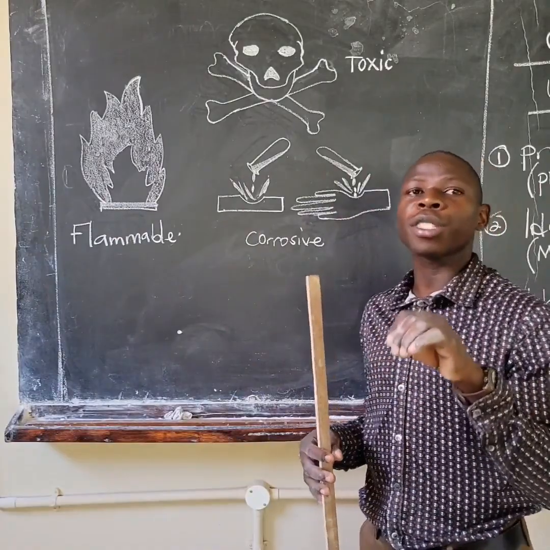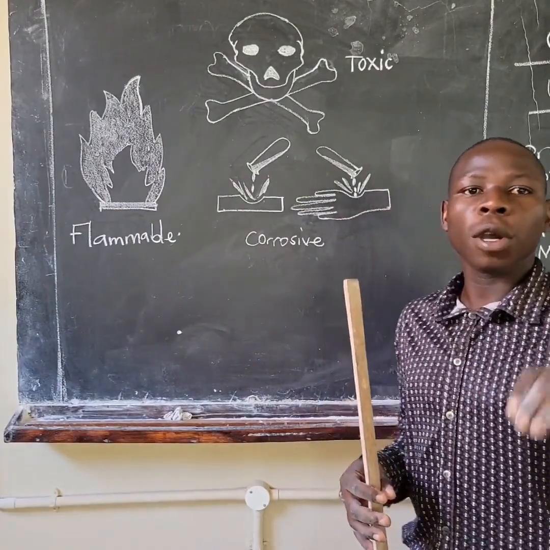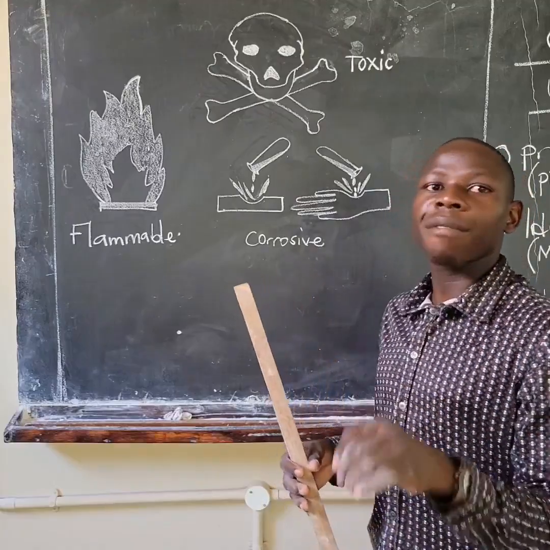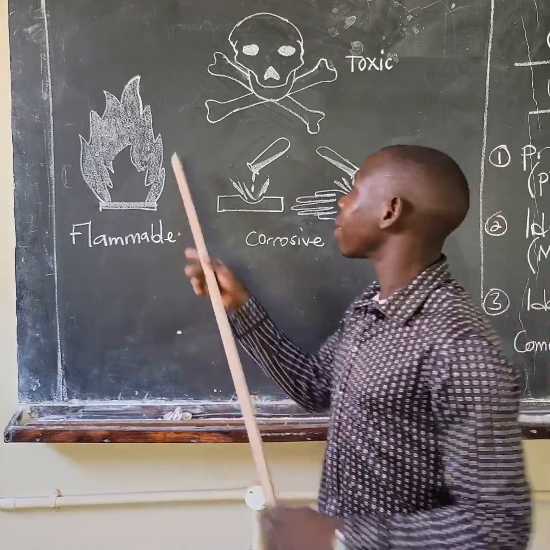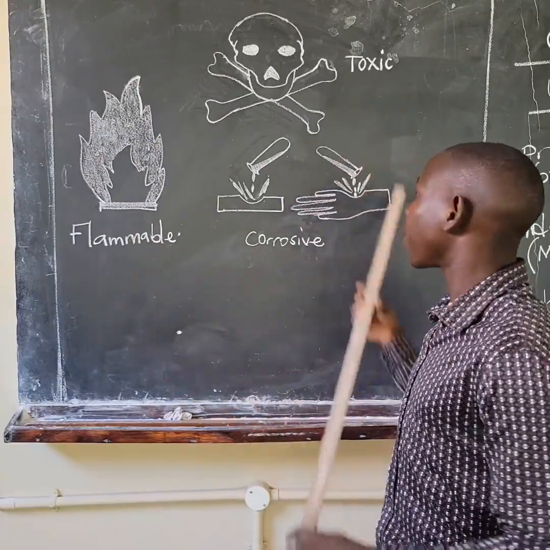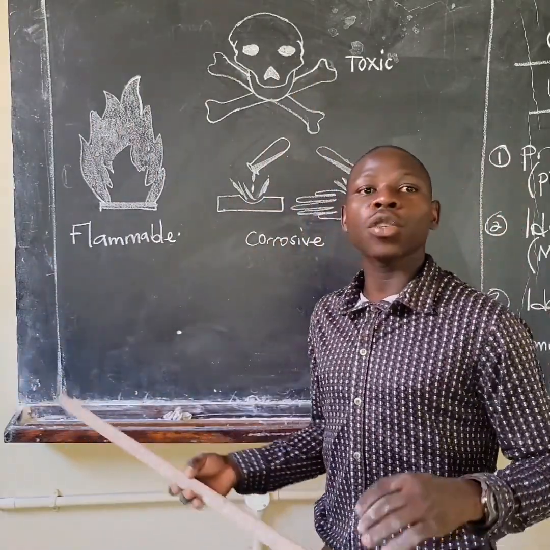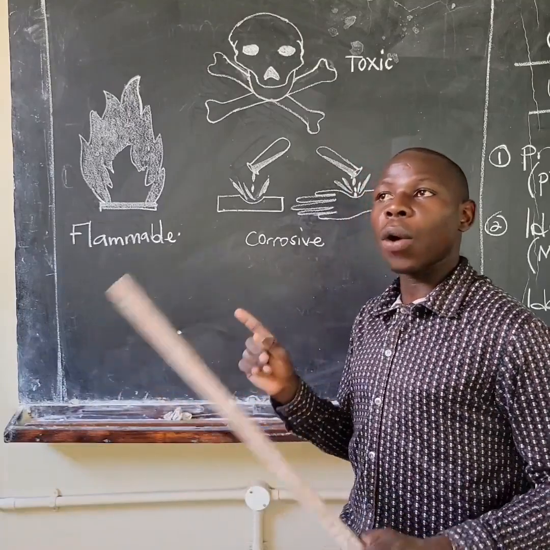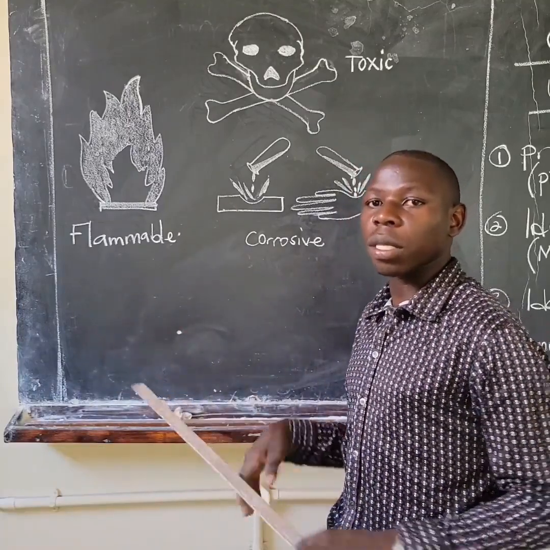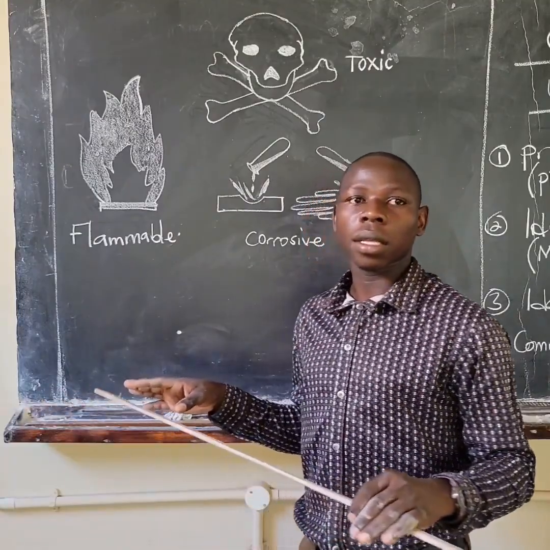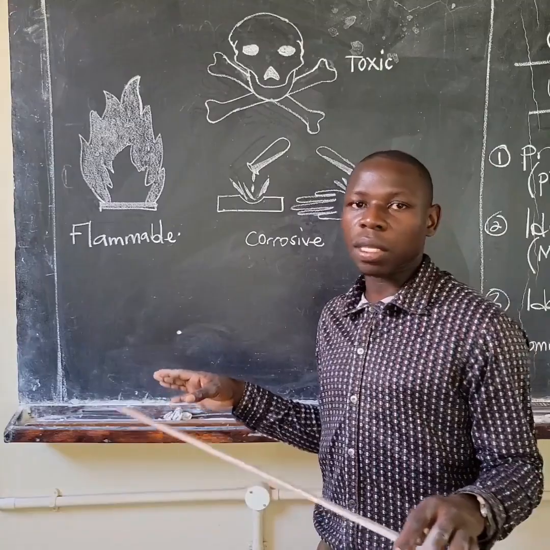So whenever you are going to use a material, a product, or an object, look at the safety signs which can be indicated on it, so that you use it when you know how the material reacts with other substances it comes into contact with.